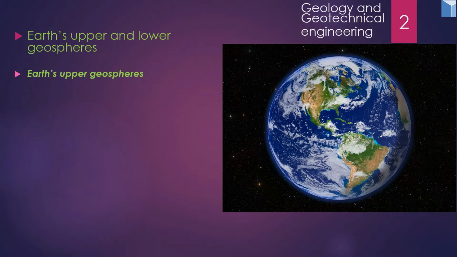Well, the upper spheres of the Earth are four, and they are in different states. Our planet Earth is covered by four types of spheres. The first type is the hydrosphere, the water cover covering our oceans and also parts of our continents, and also the groundwater.